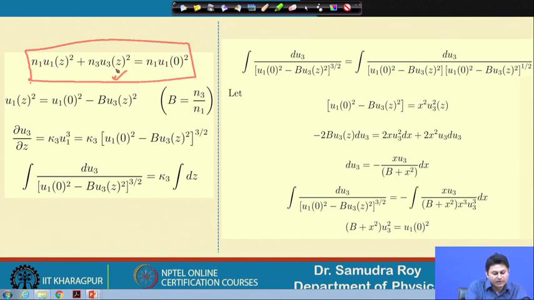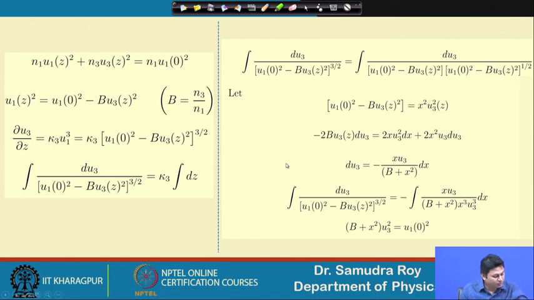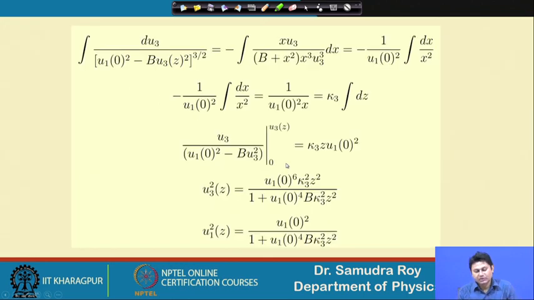So, you just put your value of u3 and you can readily find out what is your u1. I want the student to do that calculation by your own hand and check whether whatever is written here is the correct thing or not. Once you do that, you will have an equation like this.